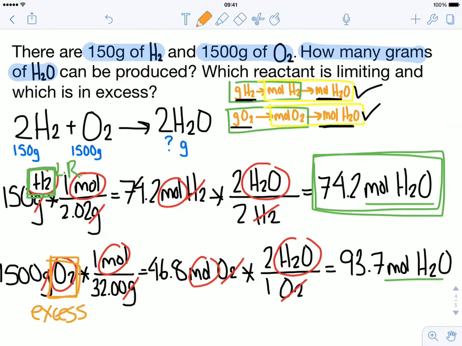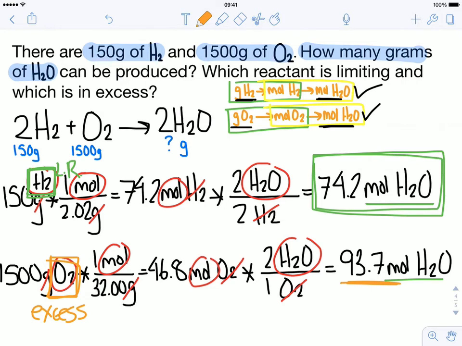So we have enough O2 to make 93.7 moles of H2O, but we don't have enough H2 to make that amount. We only have enough H2 to make 74.2 moles. So that is why H2 is our limiting reactant, because H2 is the reactant that's going to run out first once this reaction actually takes place.